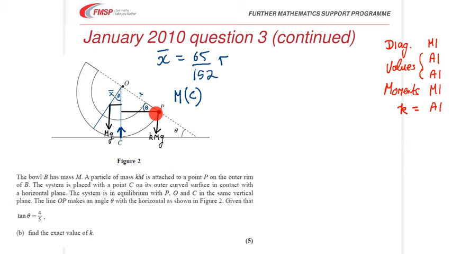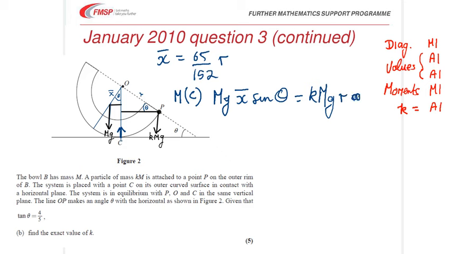So double check that, perhaps pause the video and check. I'm doing moments about C, and we're going to get mg x bar sine theta must equal kmg times r cos theta.